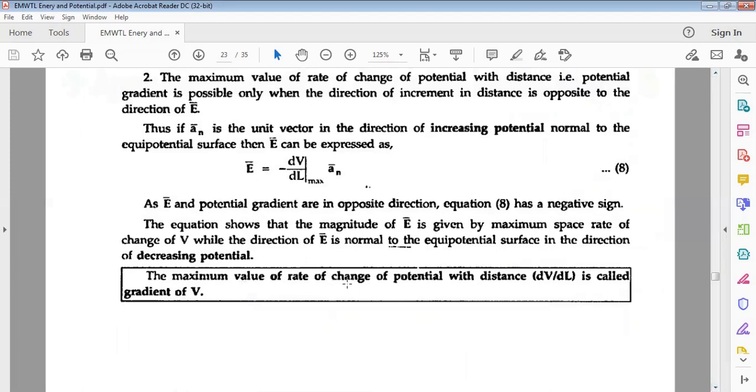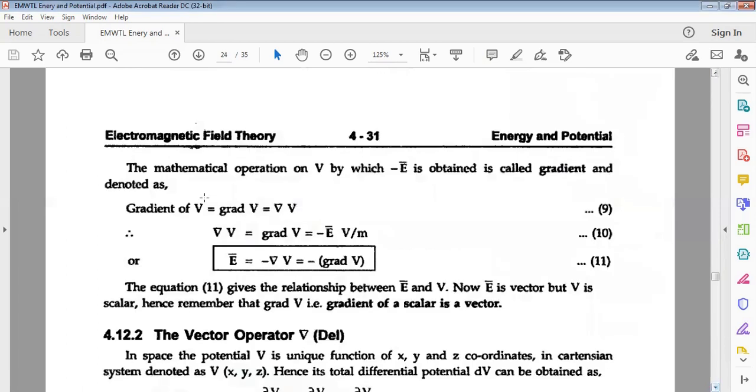And the maximum value of the rate of change of potential with distance, dV by dL, is called the gradient of V. The mathematical operation on V by which minus E bar is obtained is called the gradient, and it is denoted as gradient of V, grad V, or del V.